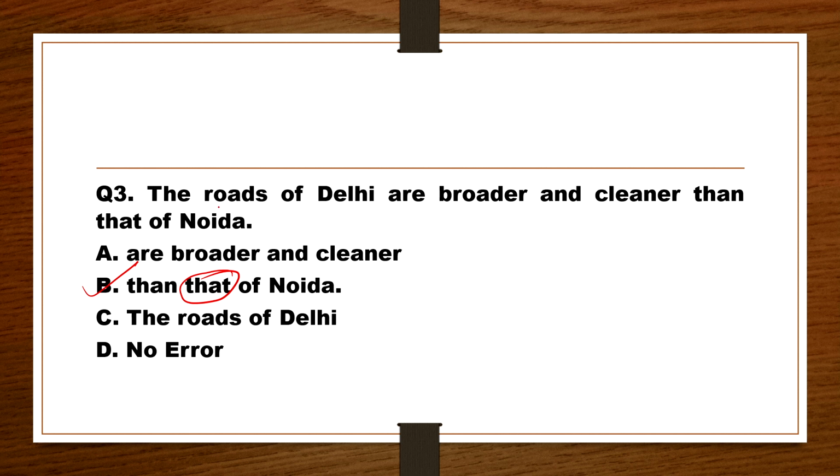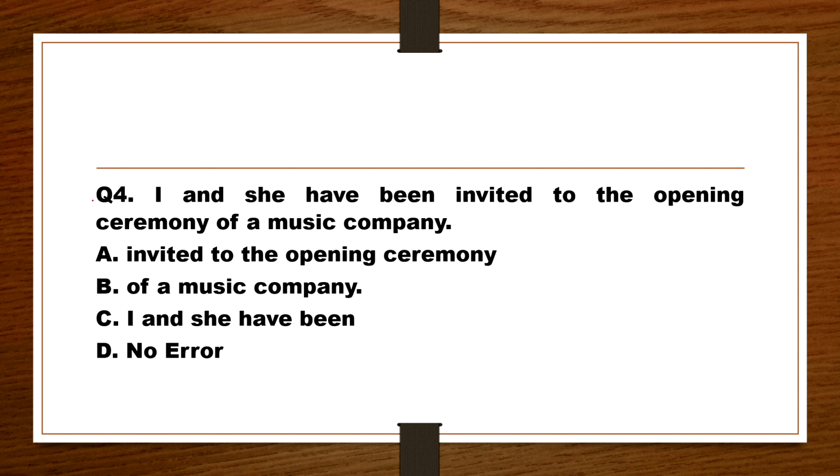Now, roads is a plural noun, hence a plural pronoun should be used for it. Now, that is used for singular and those is used for plural. Hence, those will be used instead of that in the given sentence. So, the correct statement will be: the roads of Delhi are broader and cleaner than those of Noida. Moving on.